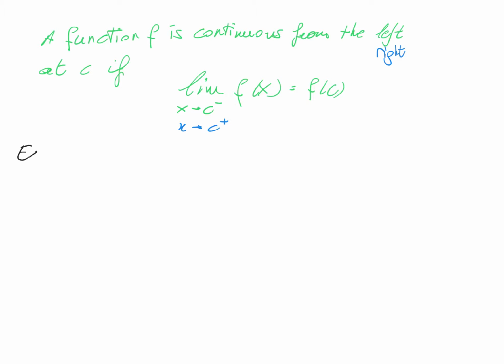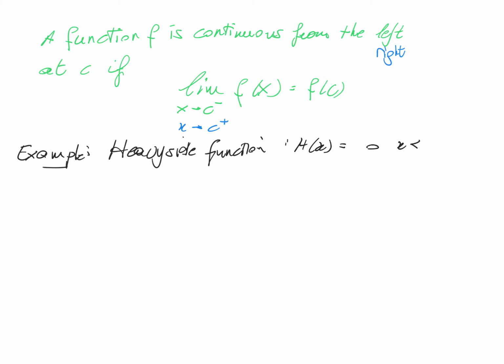Take, for example, the Heaviside function. This function is defined as follows. So h of x is equal to 0 if x is strictly negative and is equal to 1 for values larger than or equal to 0. The plot then shows that there is a gap, a jump in x equal to 0. The function values jump from 0 to 1.